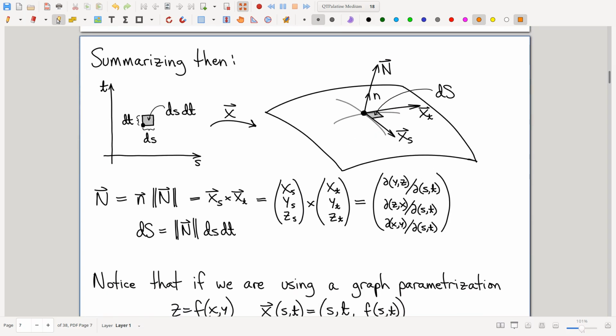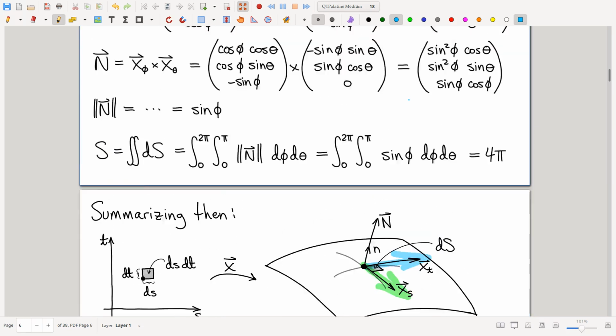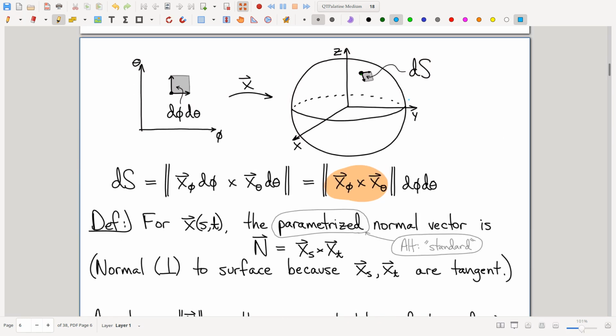It's a cross product of the two partial derivatives, and the two partial derivatives are going to be tangent vectors. Again, you can look at that page that we skipped over if you want some discussion of why they're tangent vectors. So if you have two tangent vectors and you take their cross product, the cross product is going to be perpendicular to the surface, otherwise known as a normal vector.